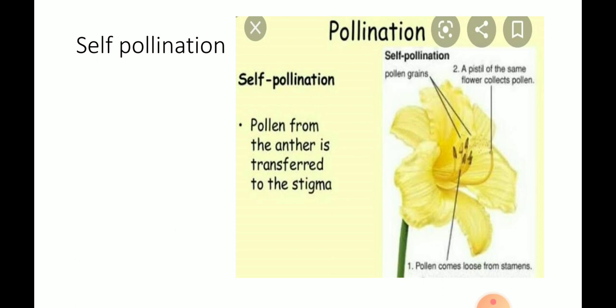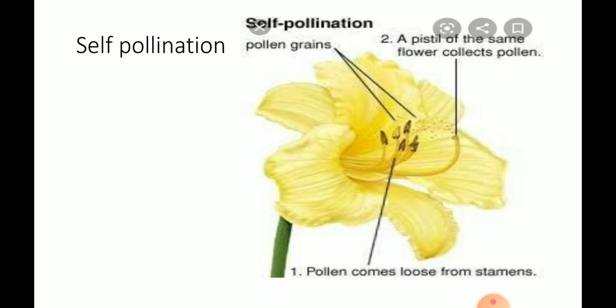That means when pollen grains are transferred from the anther of a flower to the stigma of the same or another flower on the same plant, it is known as self-pollination.